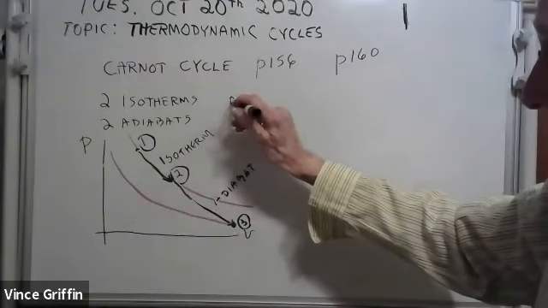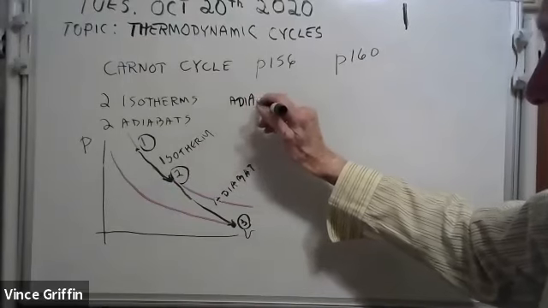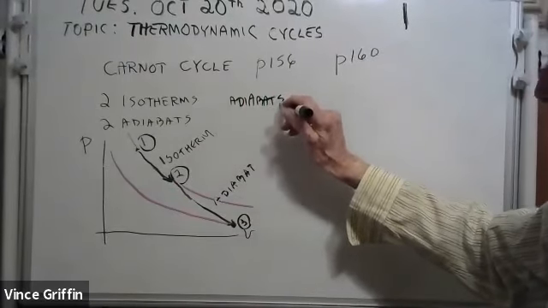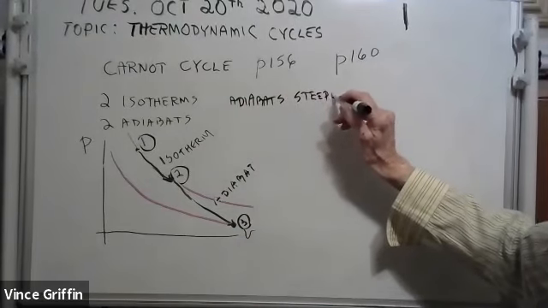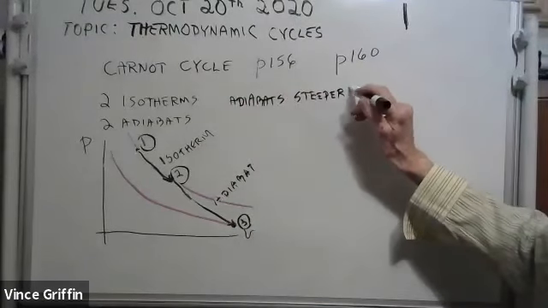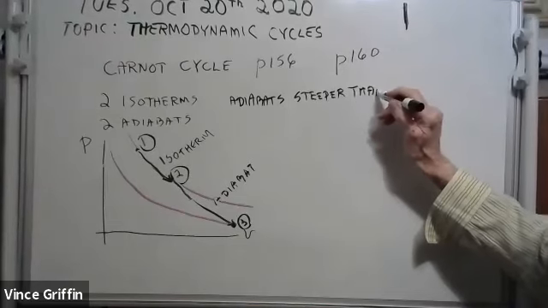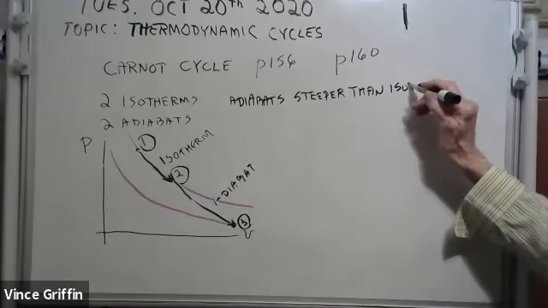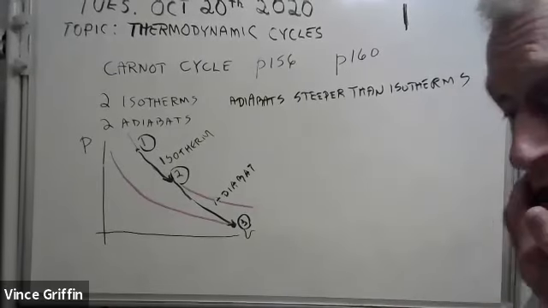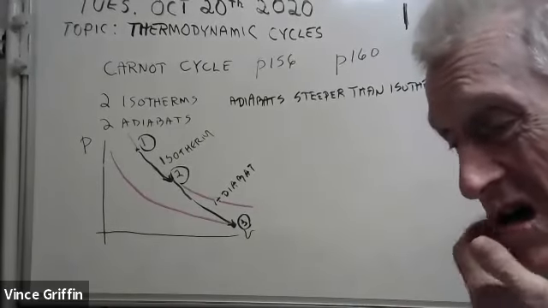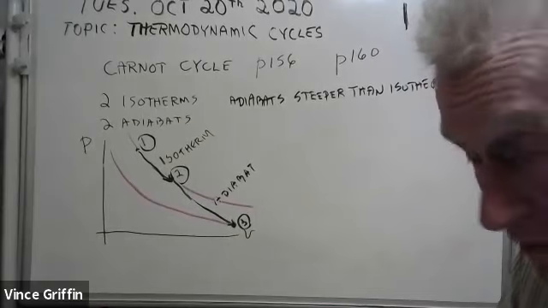Let me write it for you. Adiabats are steeper than isotherms. I know I told you that before, but if I keep telling you stuff enough, it'll sink in. That's my theory.